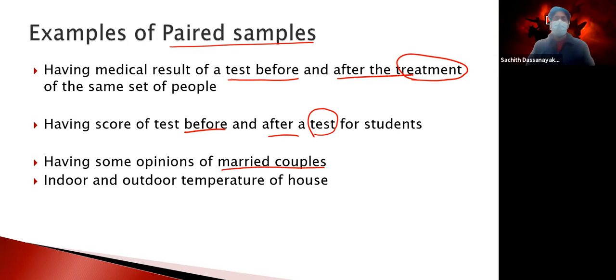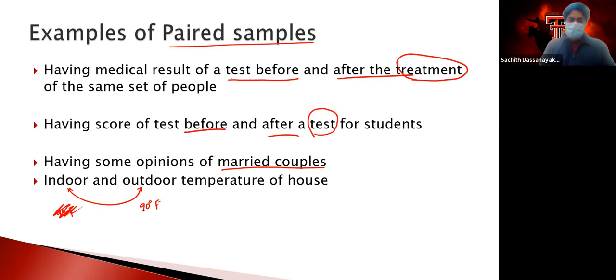That can happen. Temperature of a house inside and outside. Sometimes they are different, but sometimes they may not be. Let's say indoor is 90 Fahrenheit, then outdoor can also be 90 Fahrenheit. It's possible, but you can consider it as a pair.